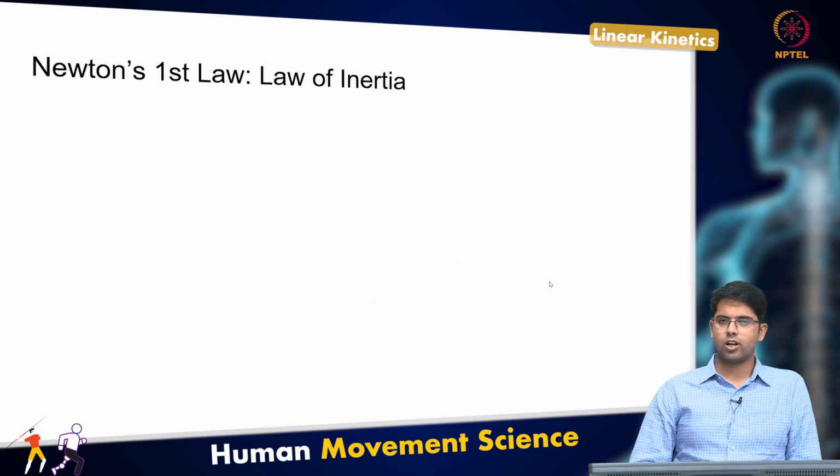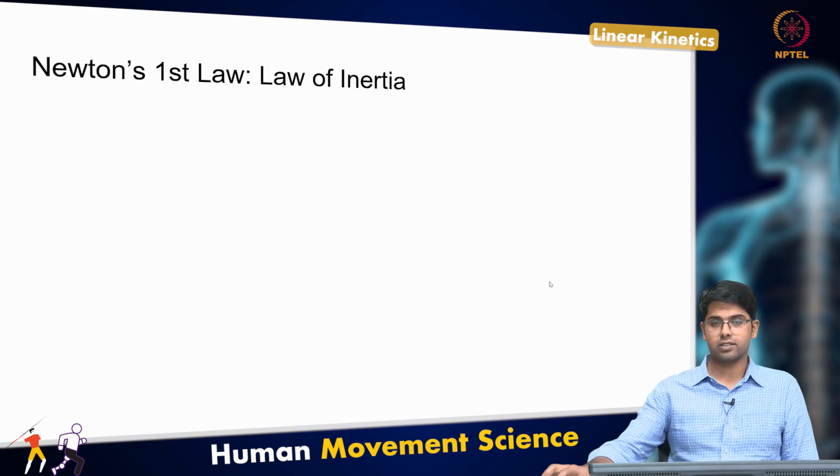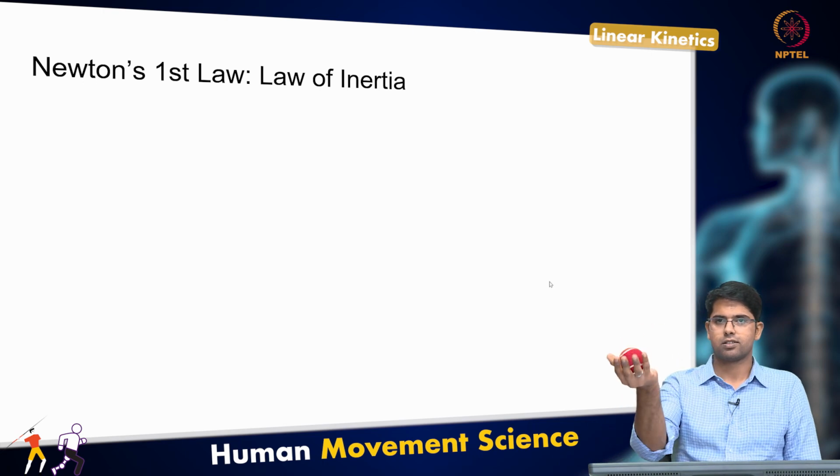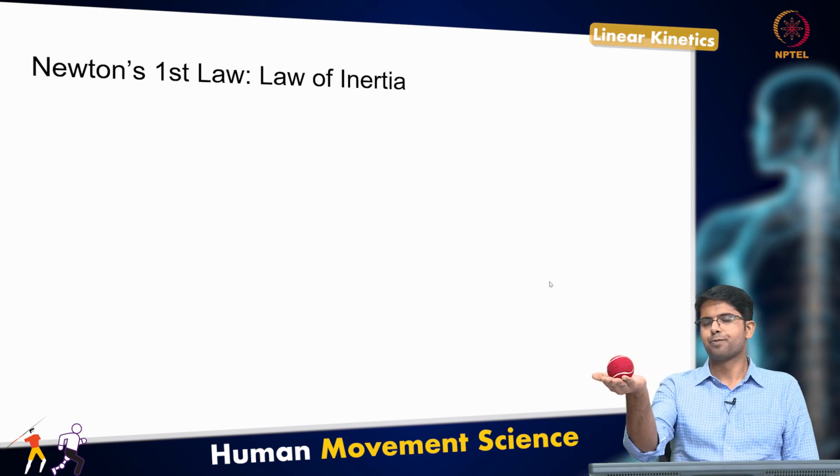So the three laws, the first law is called the law of inertia. To understand this, we'll go back to the ball. This is a ball currently sitting there, not doing anything. I'm not doing anything to it. There's no external force, there's no wind here.